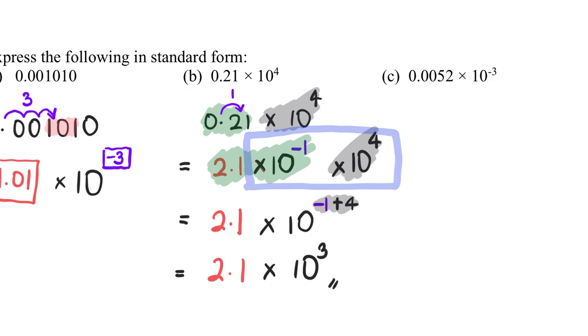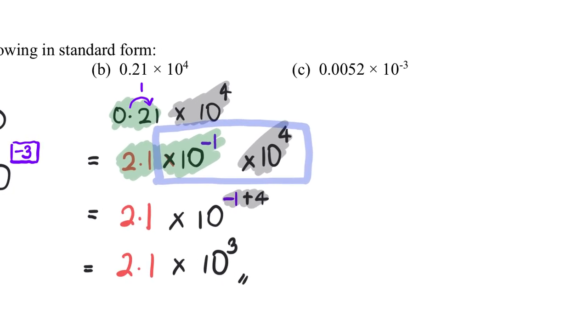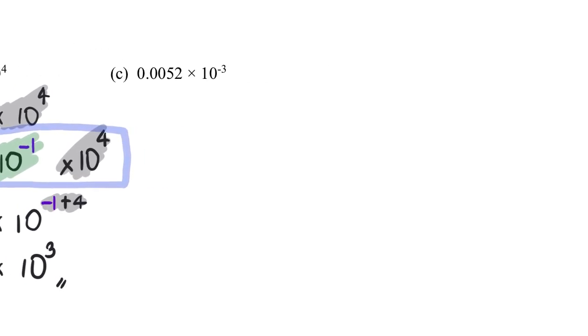Let's move on to part C, where we have 0.0052 times 10 to the power of -3. Again, you will see Mr. Tan trying to count the number of places for the decimal.